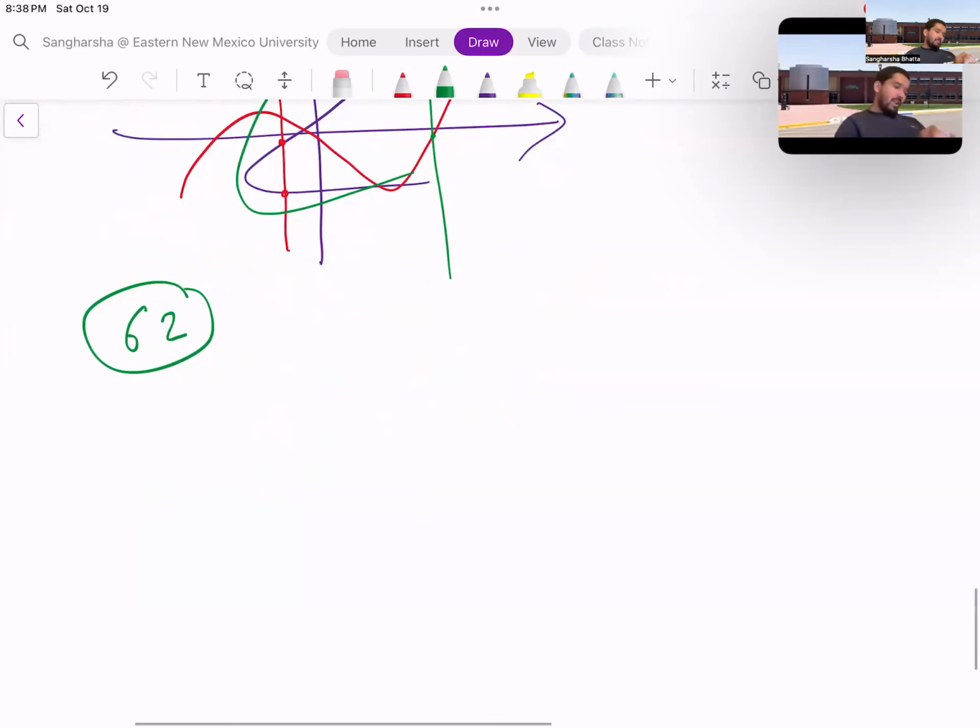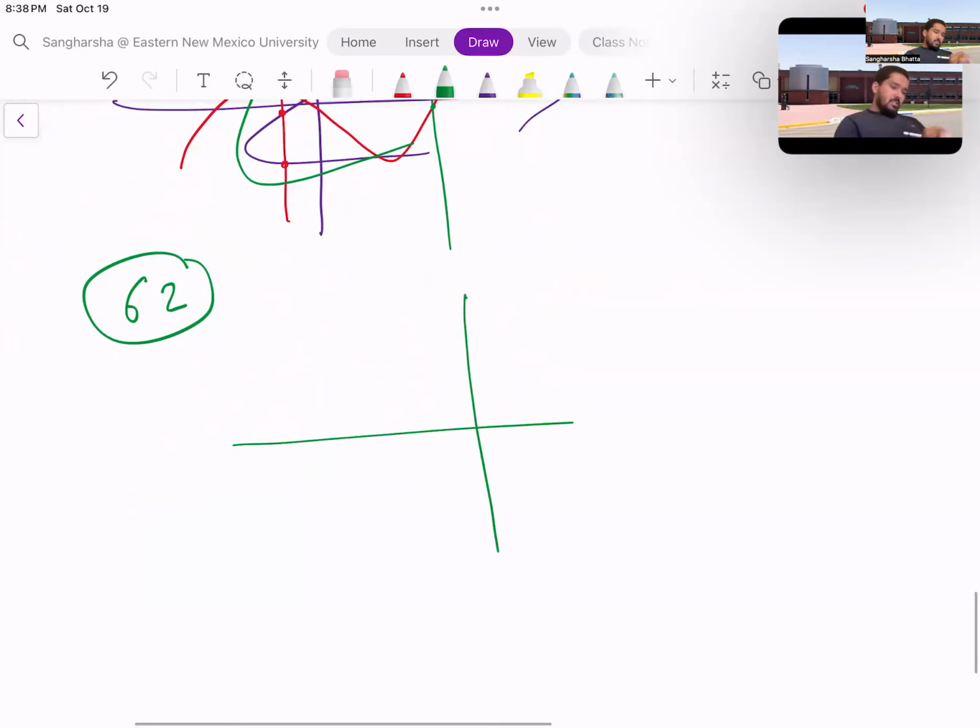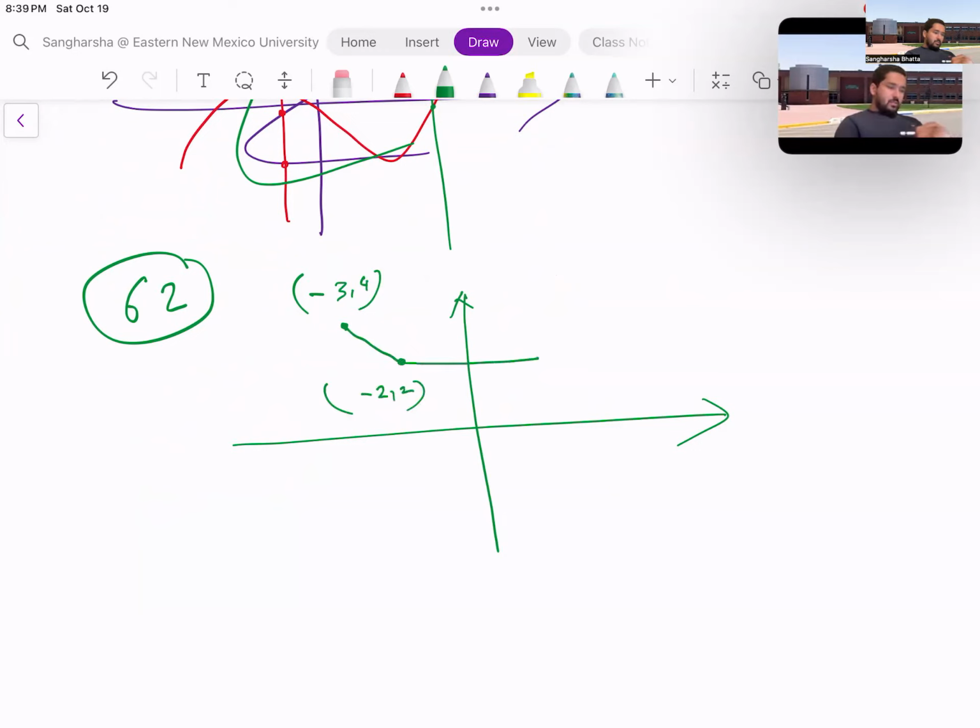So you have a graph, let me draw that graph. This point is (-3, 4), and this point is (-2, 2). This point is (1, 2), and this point is (3, -2).